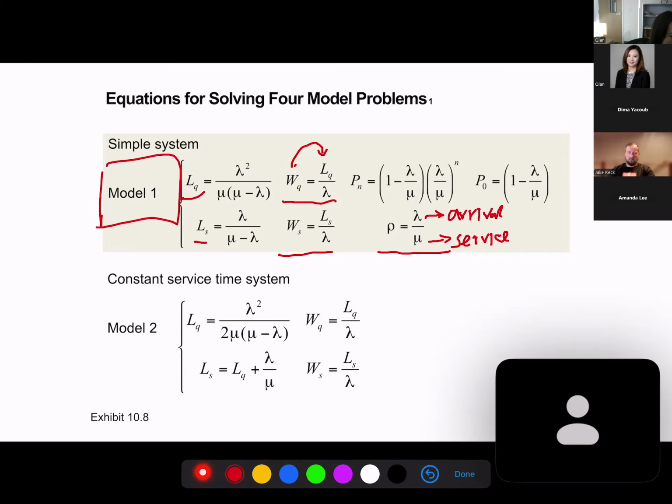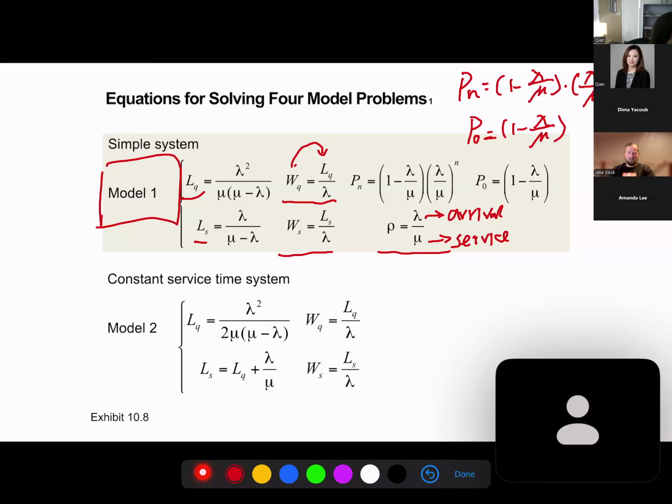And this is how we calculate P. So P0 equals 1 minus lambda divided by mu. And any Pn here equals 1 minus lambda divided by mu, multiplied by lambda divided by mu to the power n.